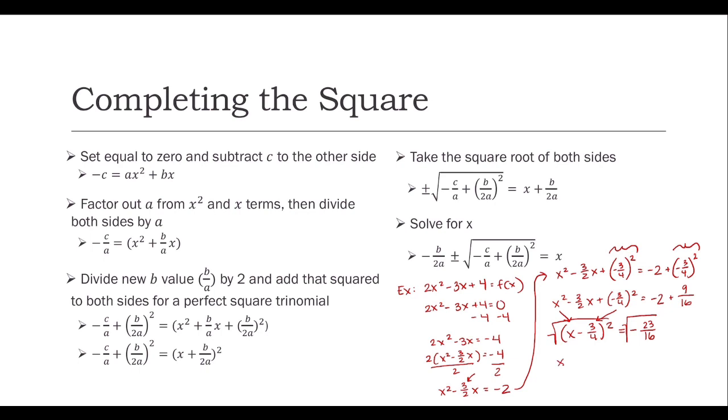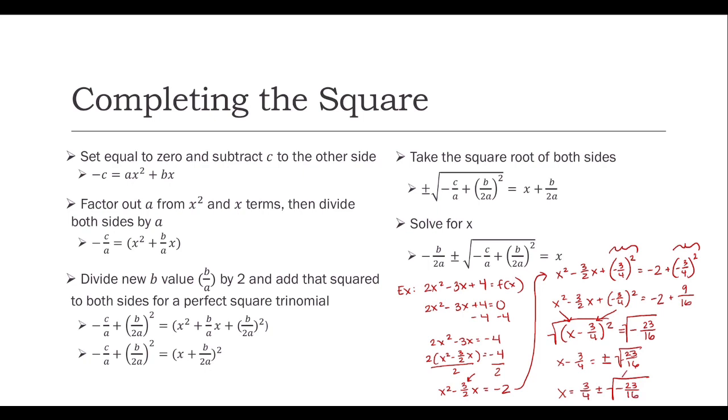So you'd have x minus 3/4 equals, and you can't forget your plus or minus, the square root of negative 23/16, and then you'd add 3/4 to both sides. So x equals 3/4 plus or minus the square root of negative 23/16. So this would be your solution.